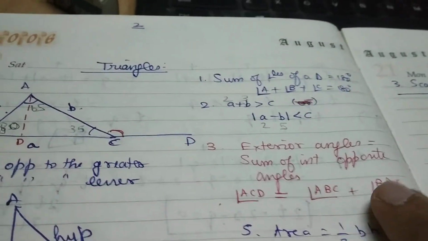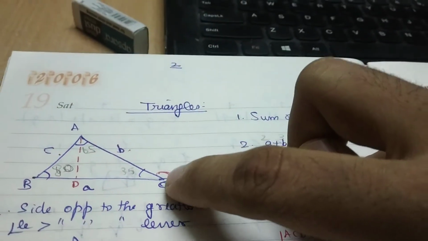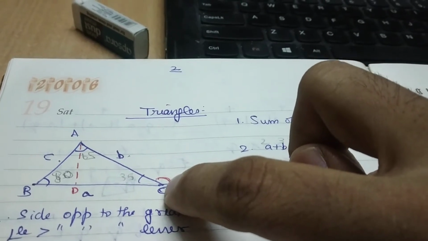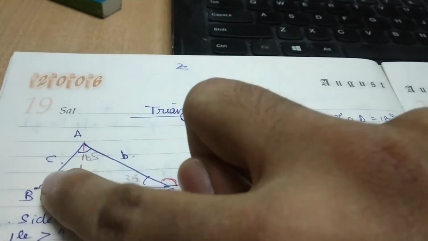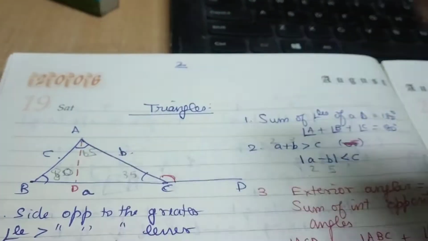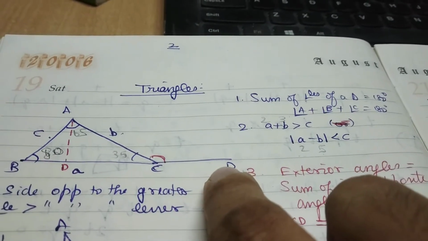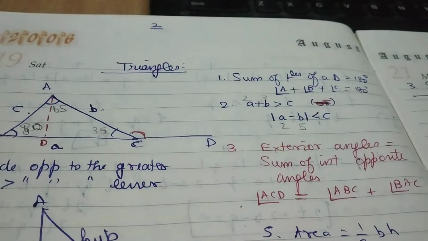Here I used the word opposite, please highlight that word. If I consider angle C, the angles which are opposite to angle C are angles A and B, correct? So this exterior angle will always be equal to the sum of the interior opposite angles.